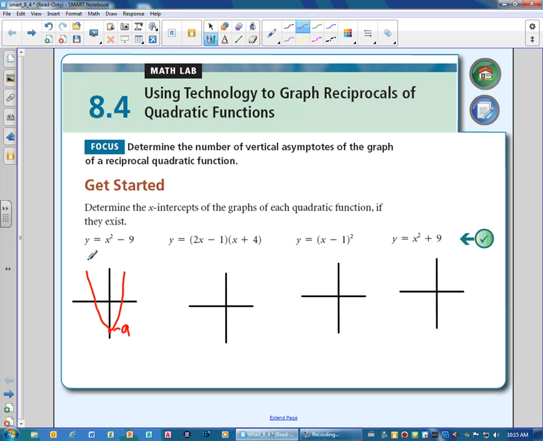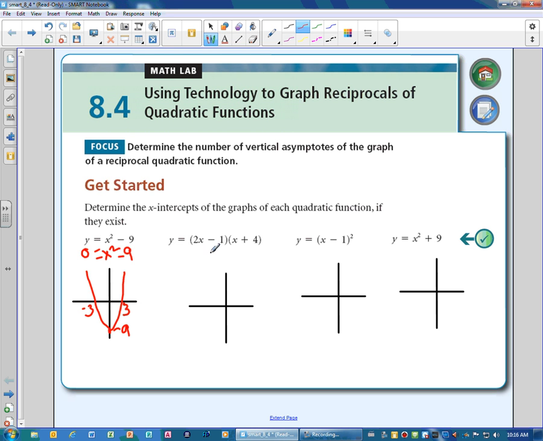And if you can visualize y equals 0, what would the x-intercepts be? Two different ways to think of it. You could solve by putting the 9 to the other side and then square root. Or you could see that x squared minus 9 is a difference of squares and solve it that way. Either way, hopefully you get that your x-intercepts would be 3 or negative 3.